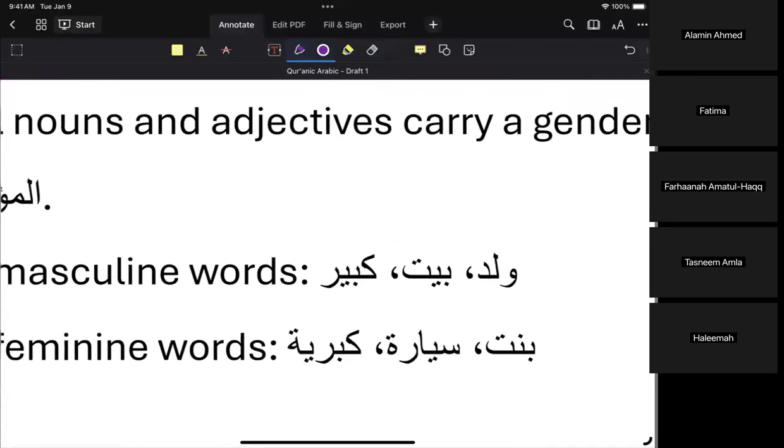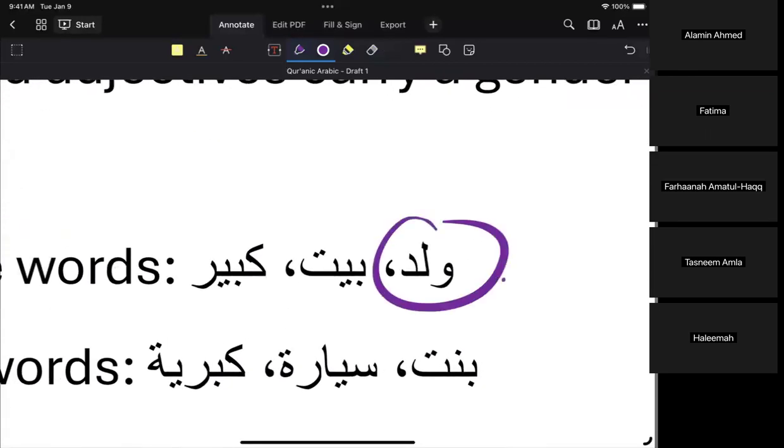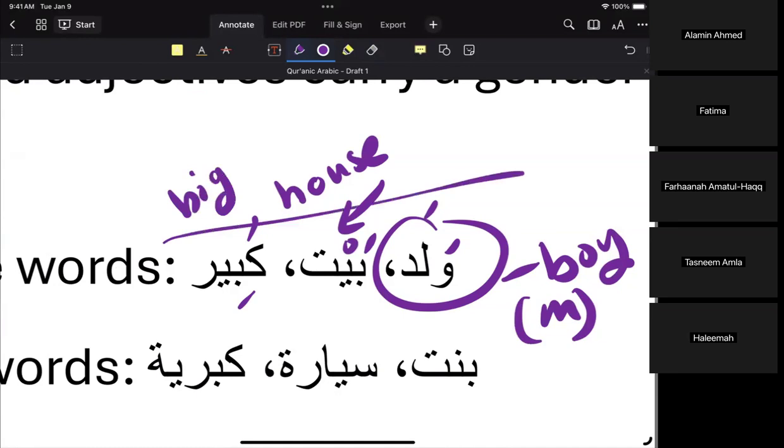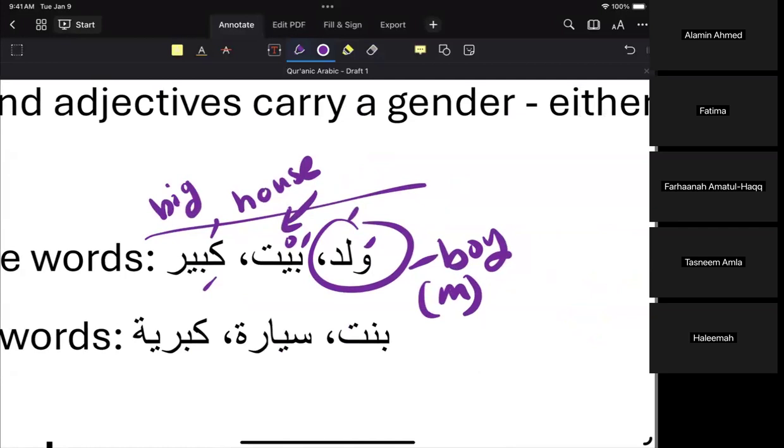Now, if you look into the words, for example, walad is boy. Of course, this is masculine. And then you have bait, which is house, and kabir is big. From the English language perspective, the house being masculine or the adjective big being masculine doesn't make any sense.